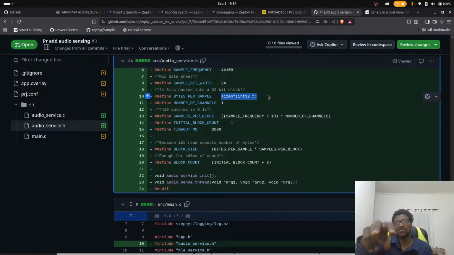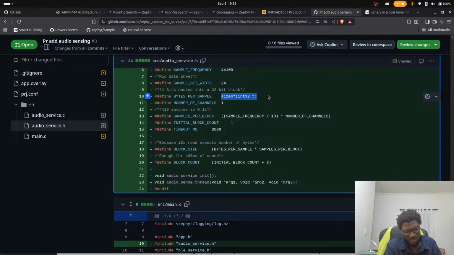So that's 4 bytes per sample, data arranged in units that the CPU can understand, and here we have 4 bytes, which is 8-bit, 8-bit, 8-bit, 8-bit.